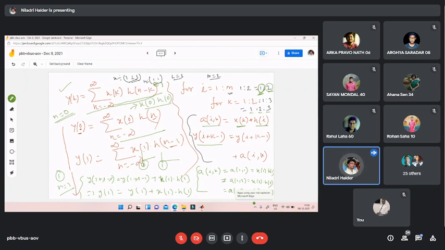So 0 is equivalent to 1. Here y0, and we have considered n equal to 0, that is your y0, that is k, that is why k equal to 0.